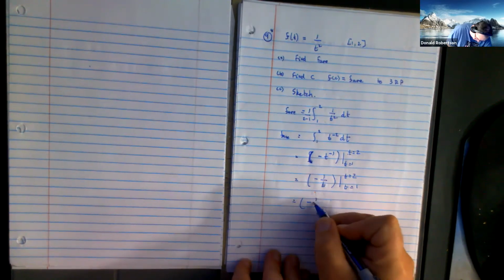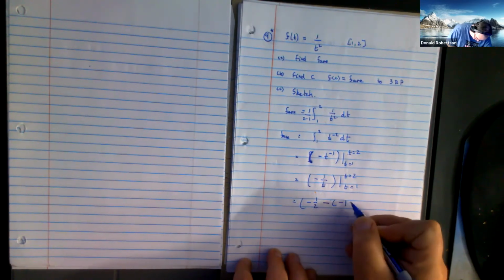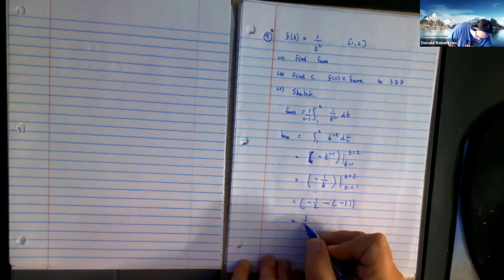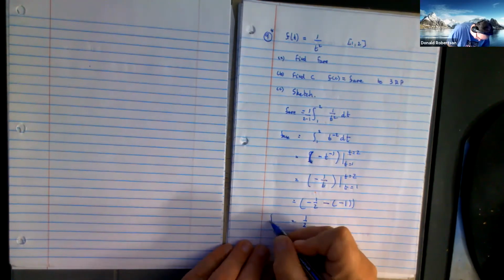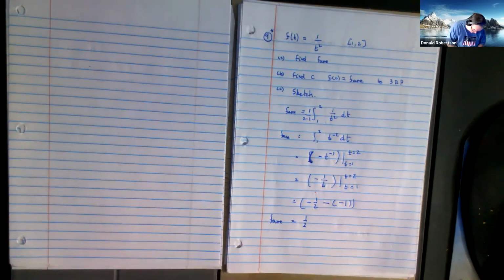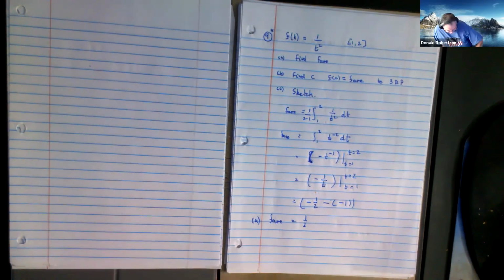So add 1 to the power, divide by the new power, from t equals 1 to t equals 2. I'm going to rewrite it for calculation purposes and style points. And what do we get? We get negative 1/2 take away negative 1, and that came out, I believe, to 1/2. So that's question A: find the average value of that function.